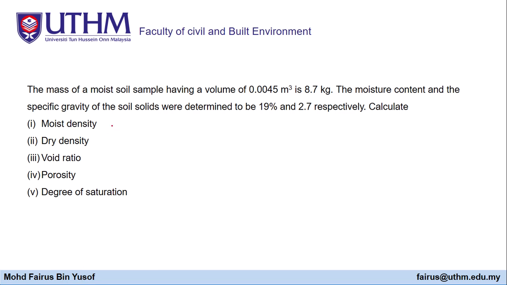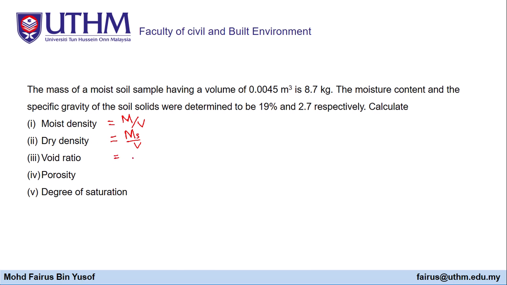Okay, to solve this problem, actually you have to know the equation of these parameters. For the moist density, the equation is equal to total mass divided by total volume, or M divided by V, and the dry density is equal to Ms over V, where Ms is the mass of solid divided by total volume.